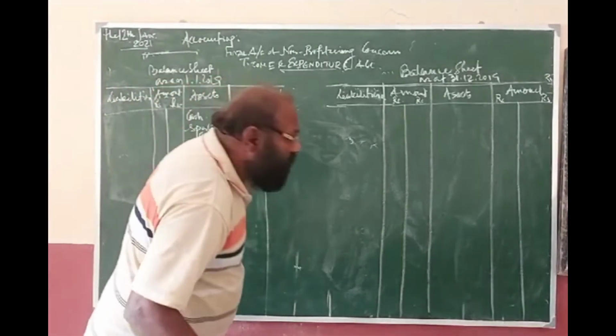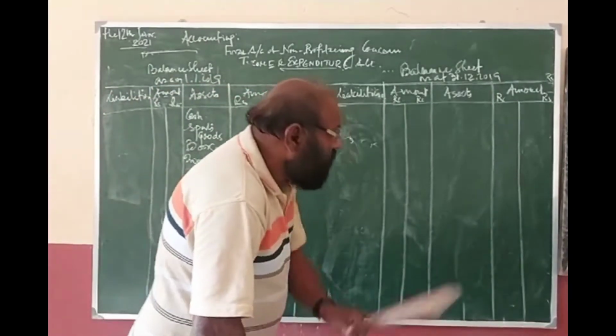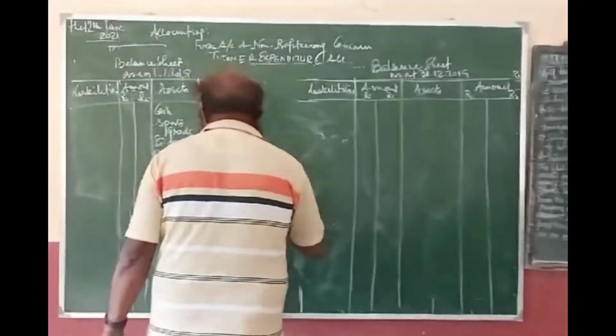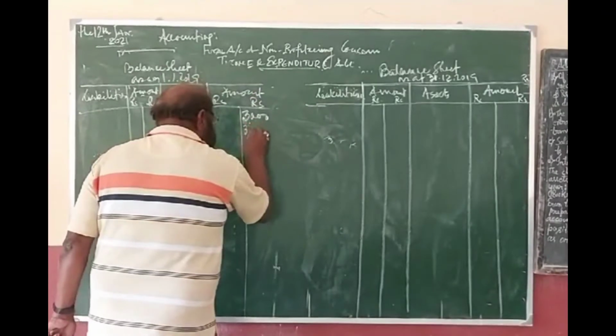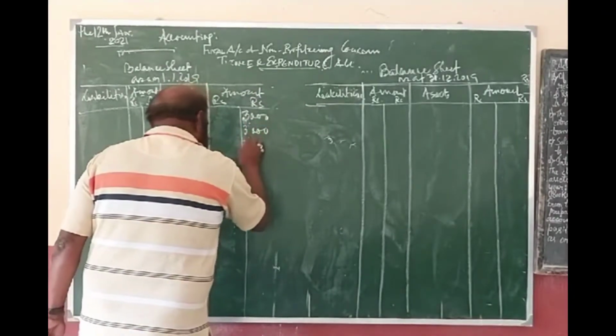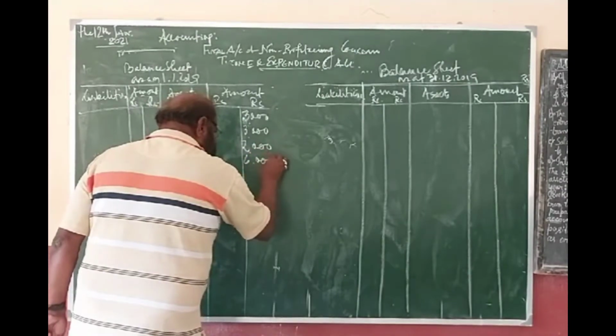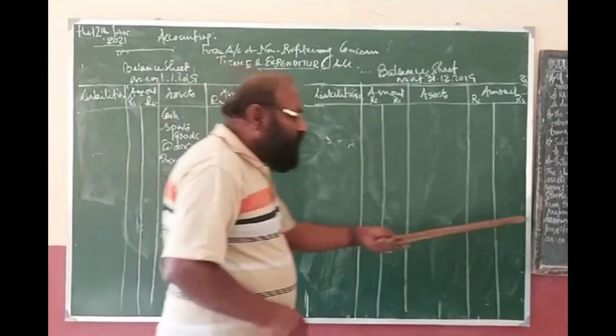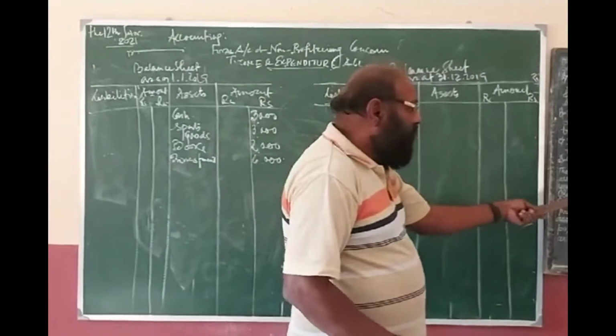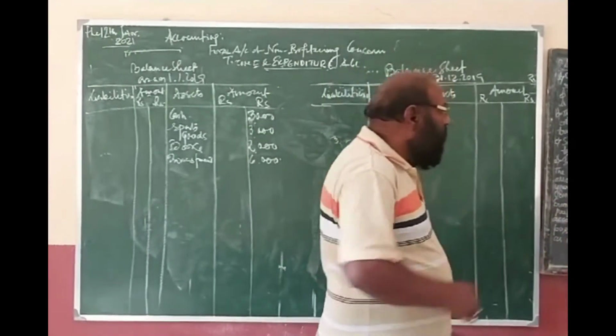Sports goods 3,000, books 2,000 and investment 6,000. So this is the asset position of the opening date of the accounting period.